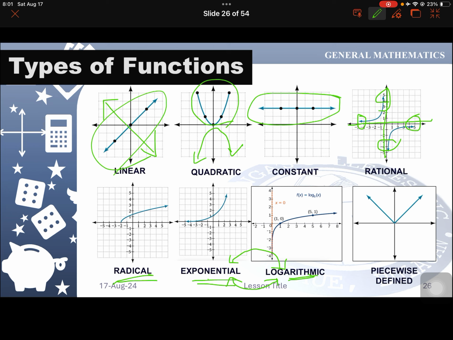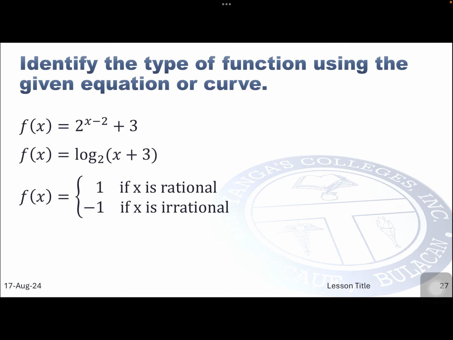So the piecewise defined function, again, has two or more graphs or curves. So if we have three equations or three formulas, we can observe three graphs or curves in the Cartesian plane. So that's it for the types of function.